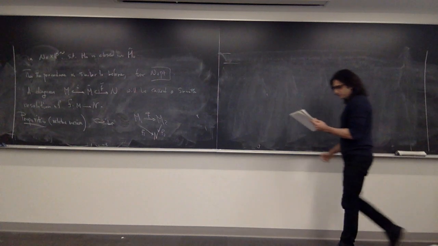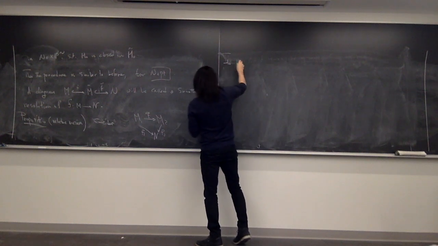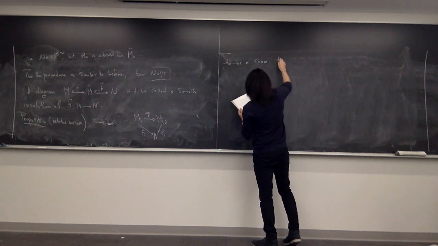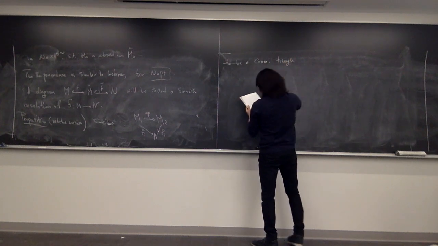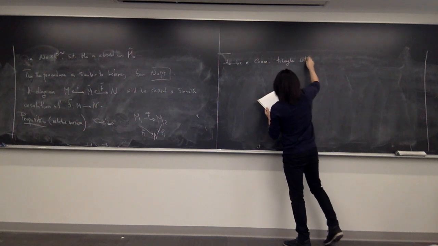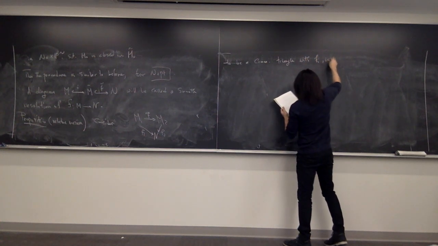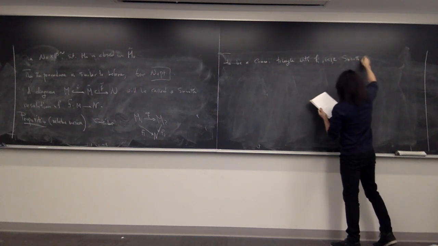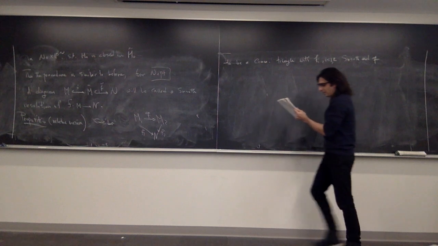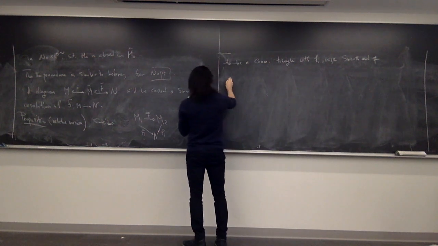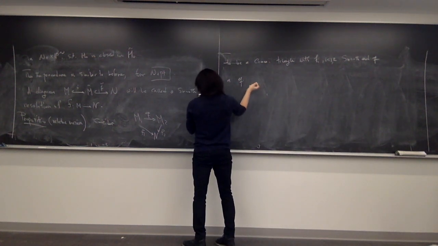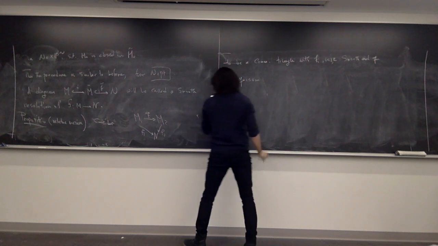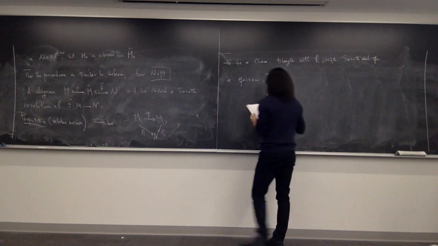So consider this to be a commutative triangle with F of I smooth and Q a quasi-isomorphism of DG schemes.